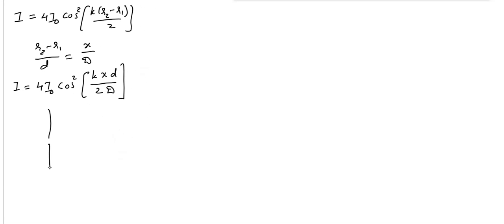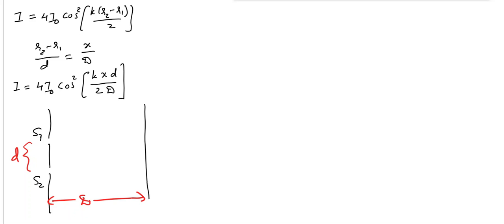So if I have say S1 and S2 separated by distance d, and the screen is placed at capital D distance, and I consider the center of S1 S2 to be S, let the center of the screen be O, and let there be some point P which is at distance x.